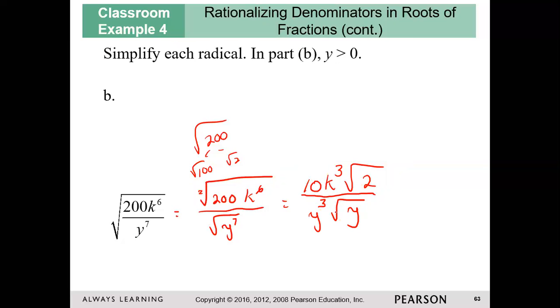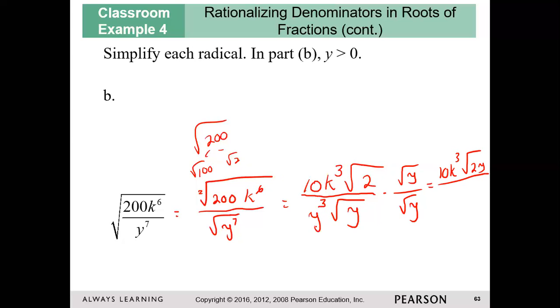And then we just have to fix this radical y in the denominator. So we are going to multiply by the form of 1 that will do the job for us, which will give us 10k to the 3rd square root of 2y. And then what's neat about this denominator is that when you have the square root of y times the square root of y, you get y, right? Because that's the square root of y squared, which is just y.